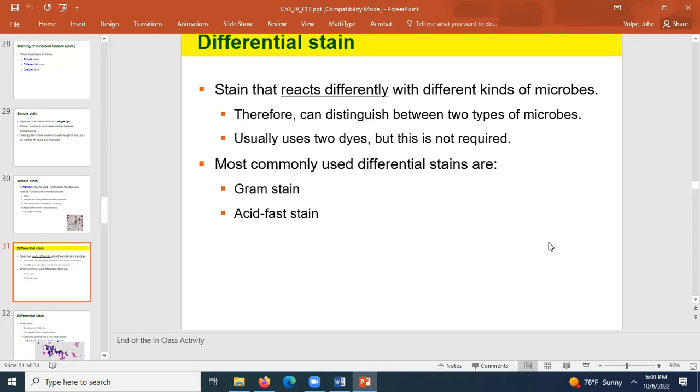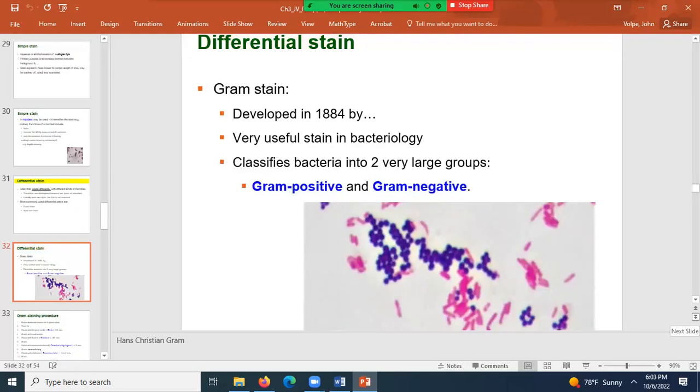All right, the other commonly used differential stain is the acid-fast stain, and that allows you to stain for endospores. All right, let me just briefly talk about this slide.